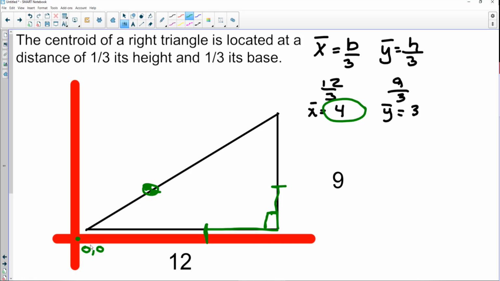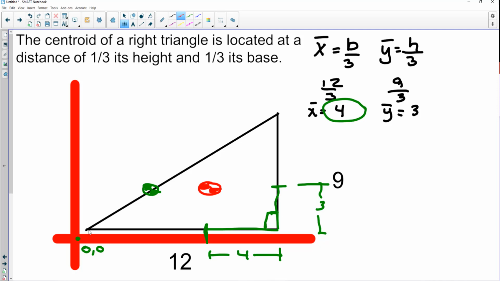Okay, so the question is, if this distance is 4 and this distance is 3, then what are the actual x and y coordinates? So if I started over here, right? So here's where our centroid is going to be, which makes more sense. It's in the center of the object, right?